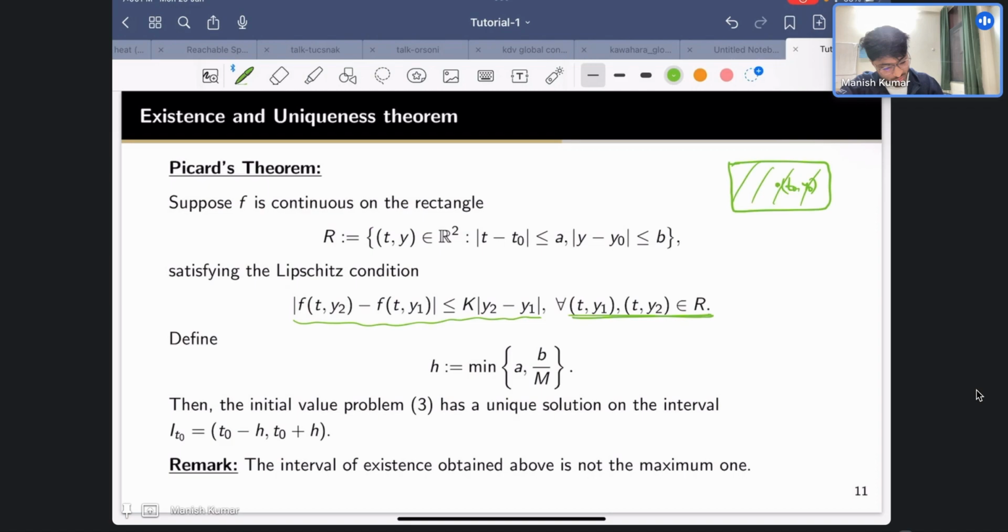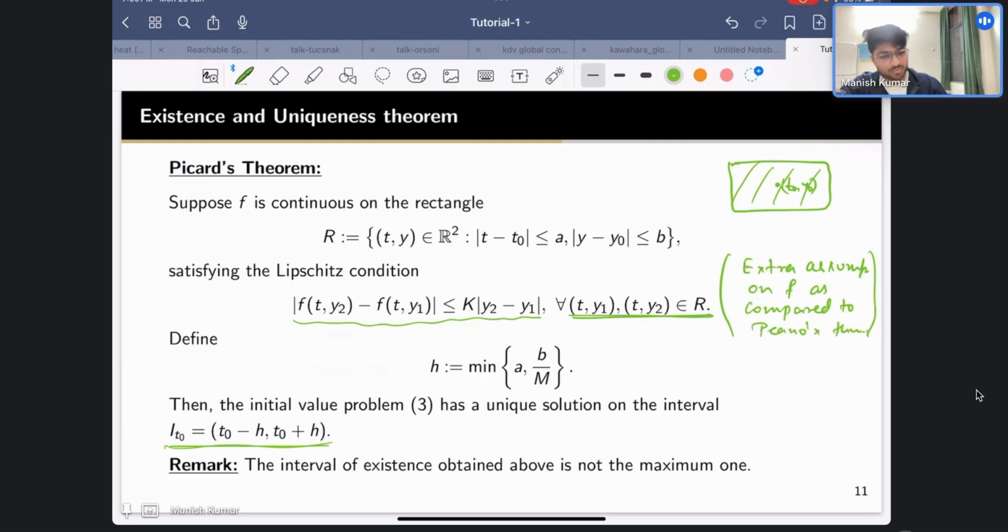So if f satisfies this condition, then again you define h in the same way, minimum of a and b by M. Then the initial value problem will have a unique solution on this interval. What is the extra assumption? This is the extra assumption on f, compared to Peano's theorem.